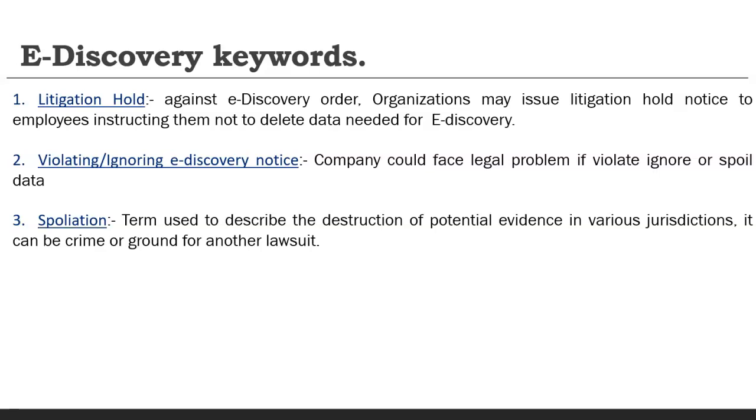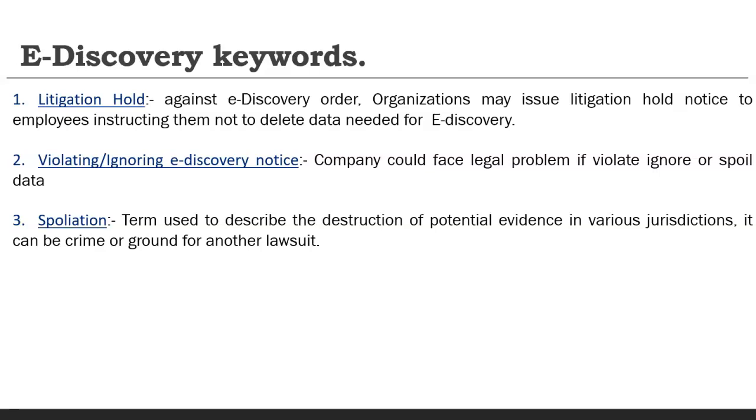One is the data retention policy, which retains data for a particular duration and then auto-deletes it. That is highly impacted by the e-discovery notice. This is a question we saw in the recent CCSP exam: e-discovery impacts which policy the most? It is the retention policy. So a litigation hold does not allow employees to delete any data that is needed for e-discovery.